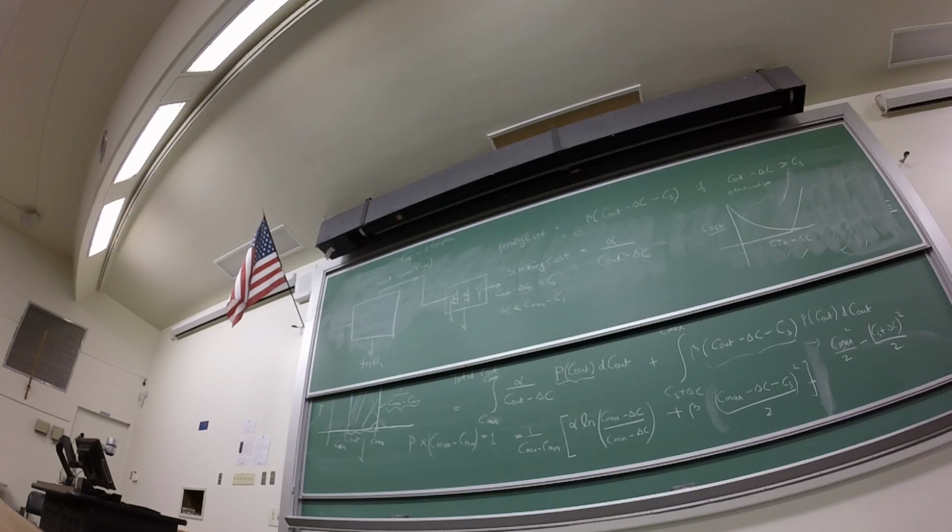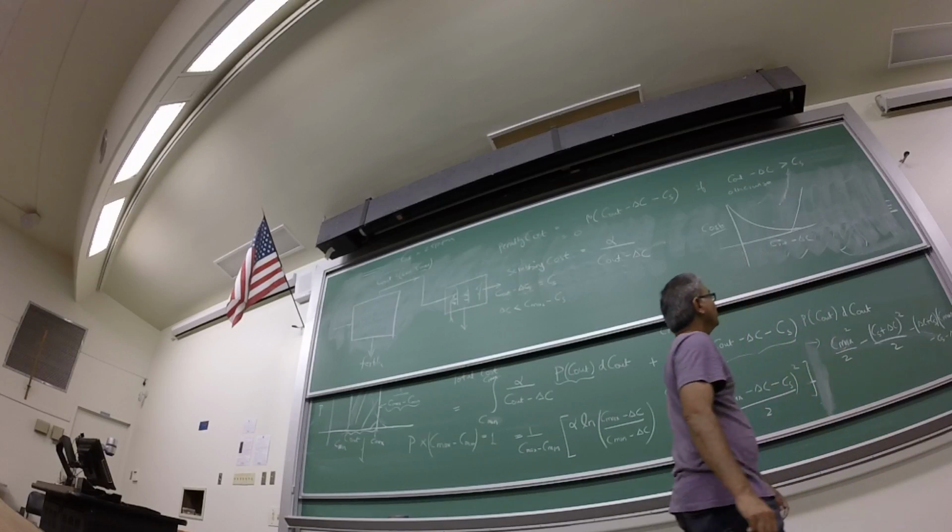Right? And then you have plus or minus delta C plus CS times C max minus CS minus delta C. Right?